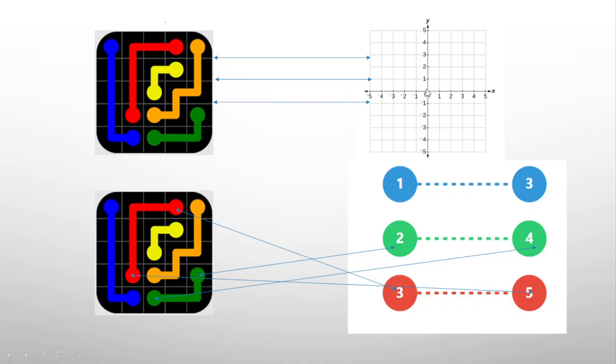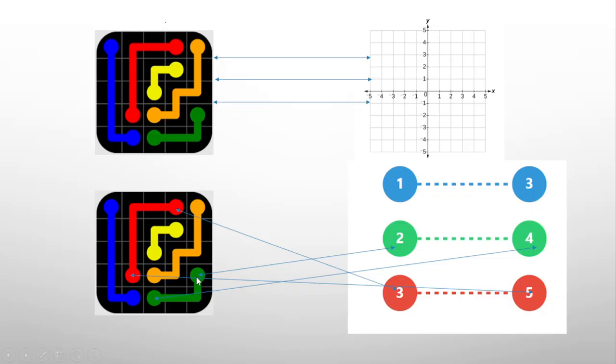The board is like the XY plane. And for the pipes, the starting point is the input. For example, the red one, the starting point is 3, and the destination point is the output.